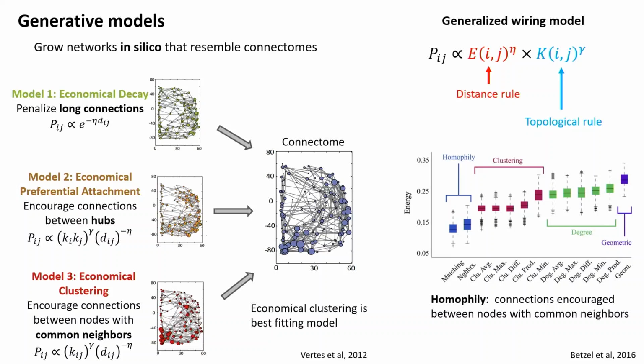Then we can incrementally add connections according to this rule and generate networks that recapitulate key properties of empirically measured connectomes. The topological rule that yields the best match with empirical networks is the matching index, which is effectively saying that we want to add connections between pairs of nodes that share the same neighbours.